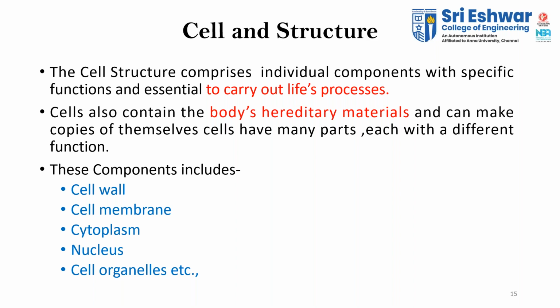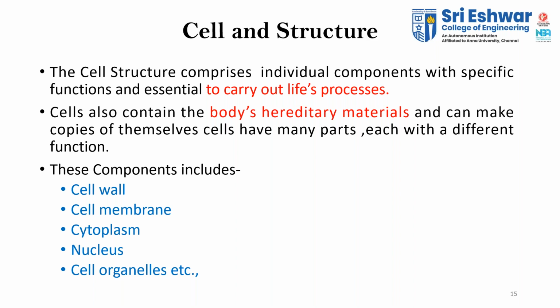Only with the help of DNA are criminals identified by the police department or other departments. We can identify the person accurately with the help of DNA. So heredity is passed from the ancestors to the forthcoming generations. The cell also contains the body's hereditary materials and can make copies of itself.